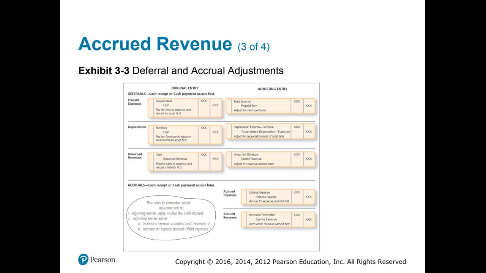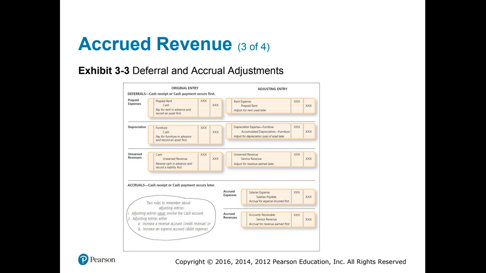When we adjusted our depreciation for our furniture, we debited our depreciation expense and we credited accumulated depreciation. So if you notice here, those two accounts are different from the two initial accounts that we recorded, right?